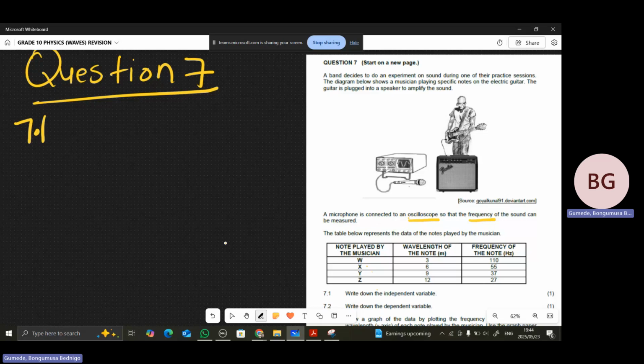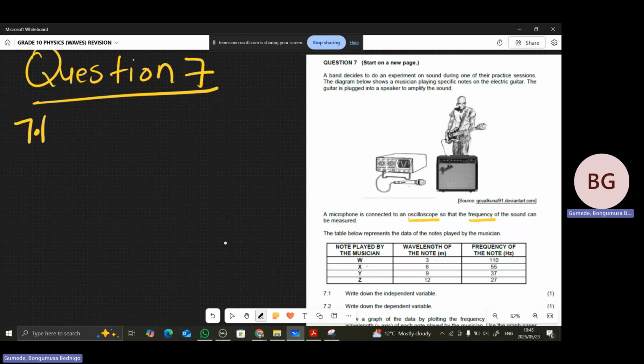7.1, write down the independent variable. The independent variable will be that variable that you have to change in order to observe the changes in whatever you are measuring. So for example, here we played different notes in order to observe the different changes in the frequency and wavelength.